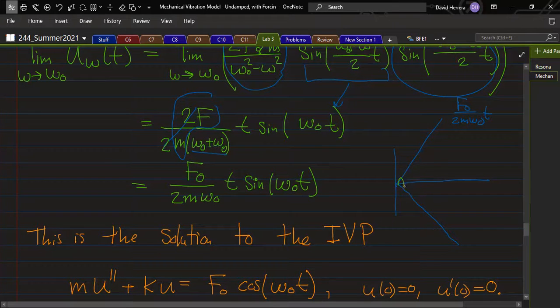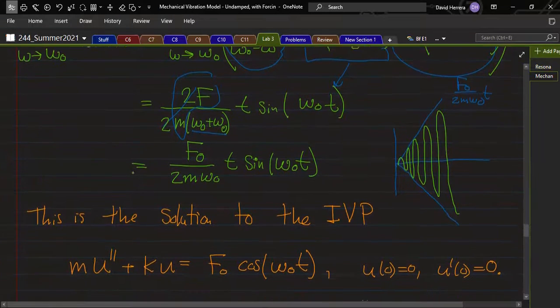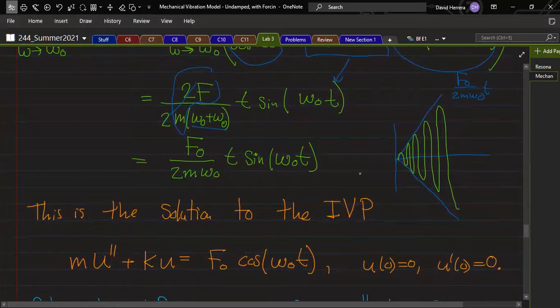It's not very easy to do right away, but you can see that it looks something like this. It's like a sine wave that's growing in amplitude as time goes on. Now we'll talk about this a little later when we talk about the demo.